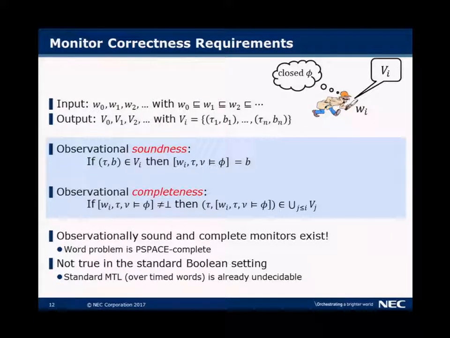Here, it's worthwhile to note that such monitors that are observationally sound and complete exist. You can easily see this by solving in each iteration the word problem, which is PSPACE-complete. If you go to the classical setting, this is actually not true.